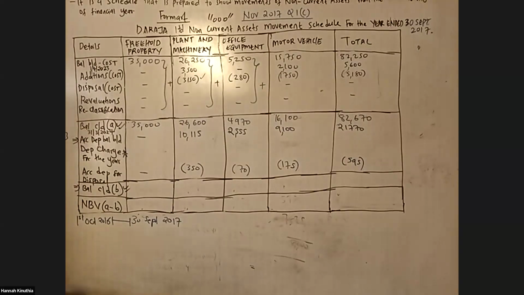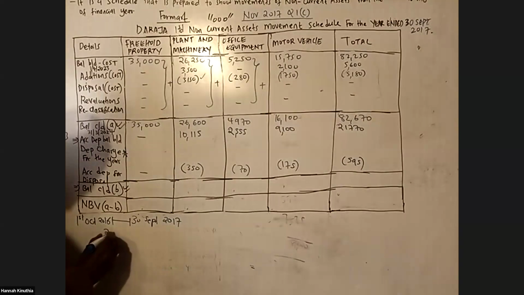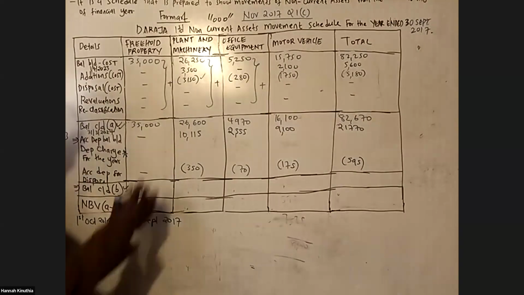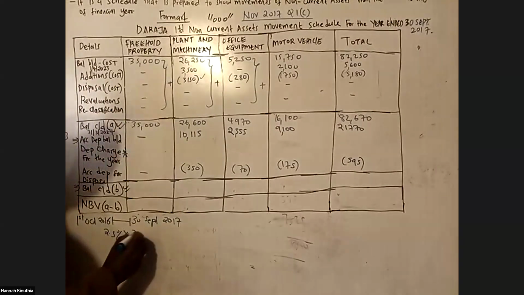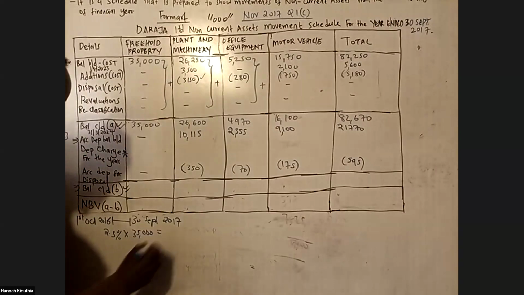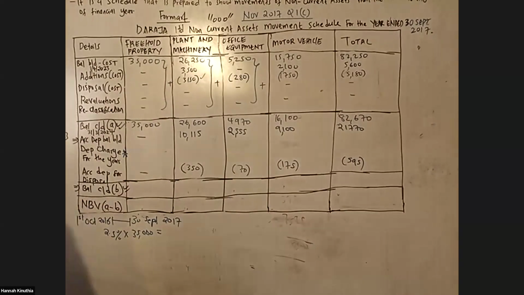Yes. Now let us start with the depreciation. So at the first one, freehold. Walisema from 1st October 2016 watakuwa na depreciate the PPE at rate of 2.5%. So itakuwa throughout the year kwa sababu nothing was changed when we talk about this item. So how much will the depreciation be for freehold?